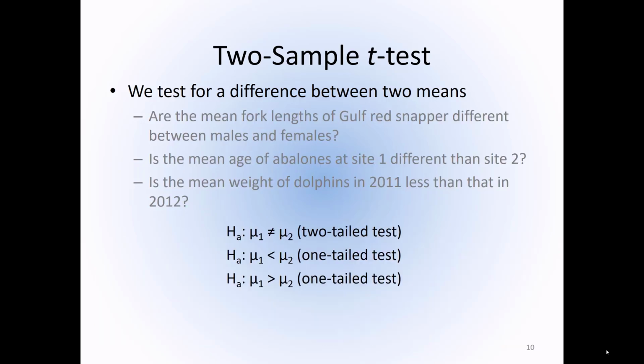As with the one sample t-test, we have a variety of options for our potential alternative hypotheses, either that the means are unequal to each other or that one mean is greater than the other. But regardless of what our alternative hypothesis is, our null hypothesis will always be that the two means are equal.